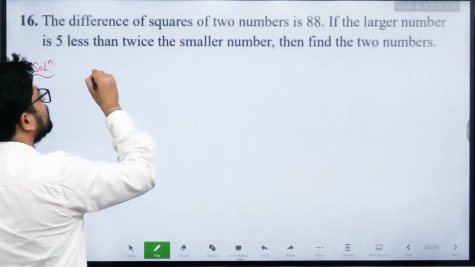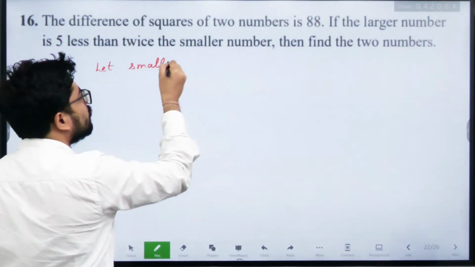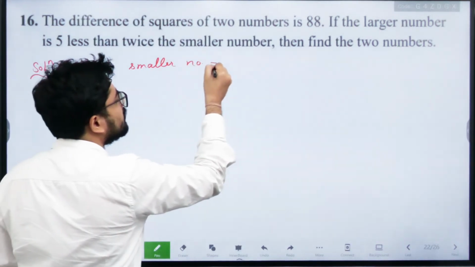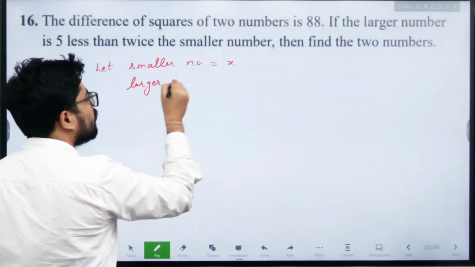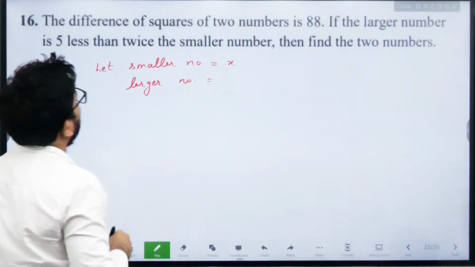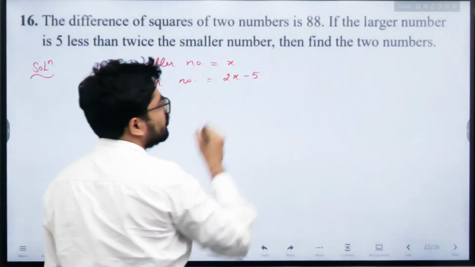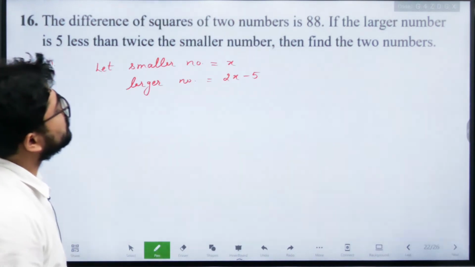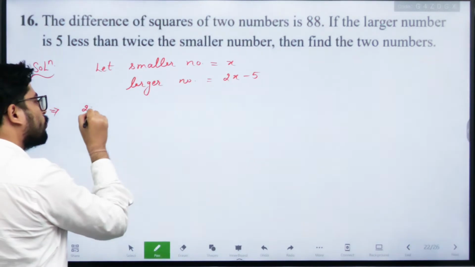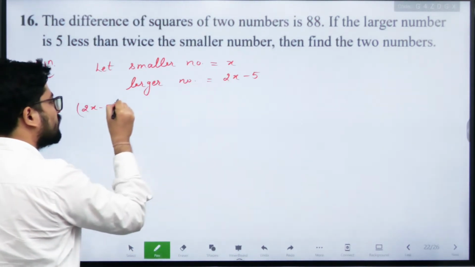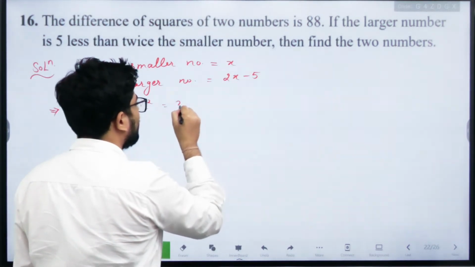So let the smaller number be x. So the larger number will be 5 less than twice the smaller number, so 2x minus 5. The difference of squares is 88. So according to the given condition, (2x minus 5) whole square minus x square is equal to 88.